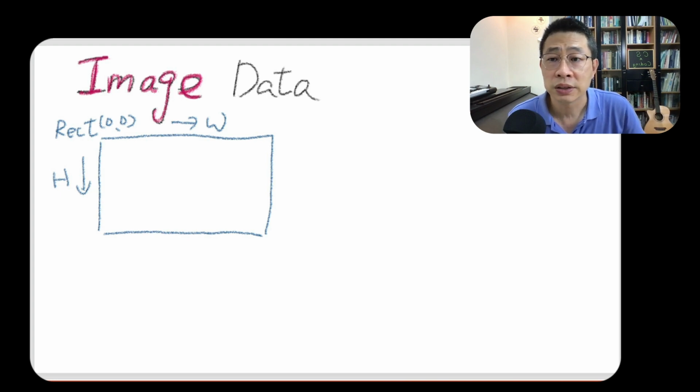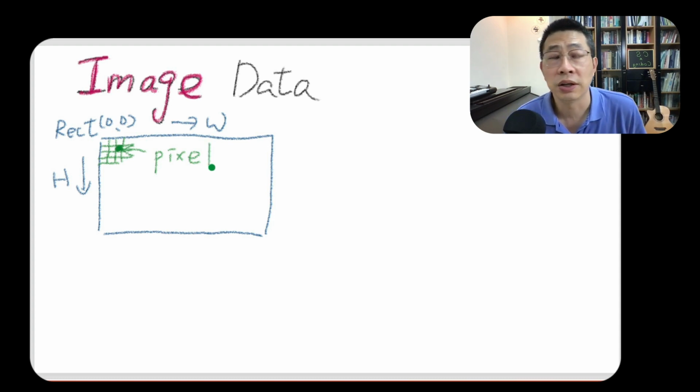And then we can subdivide the image as a lot of small elements. And each element we call a pixel.